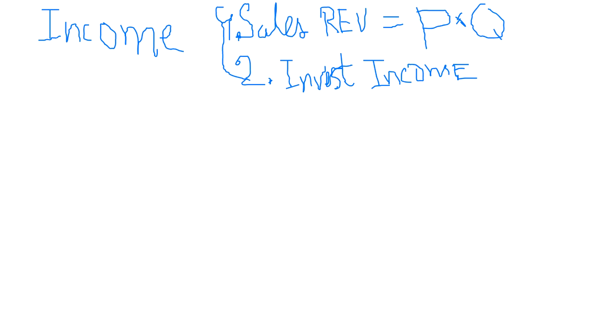Let's say the average market return is 8%. So what kind of management would choose to invest in their own expansion over investing into the market and earning at least on average 8%? Make sense?